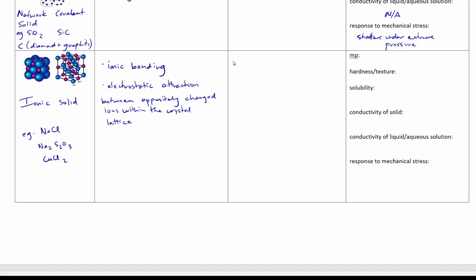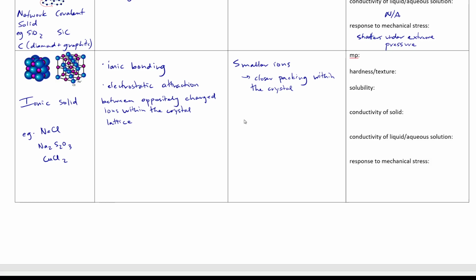Well, the first factor is smaller ions. So the smaller the ion results in closer packing within the crystal. So if you have closer packing within the crystal, that will create a denser crystal, and that will make it stronger.